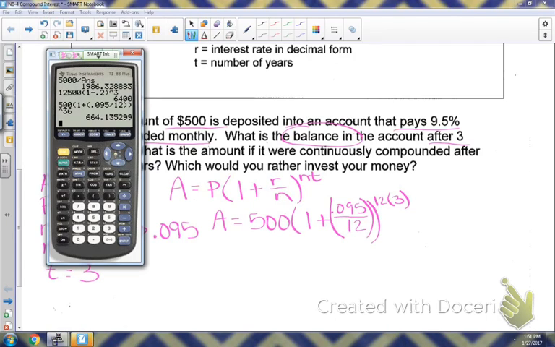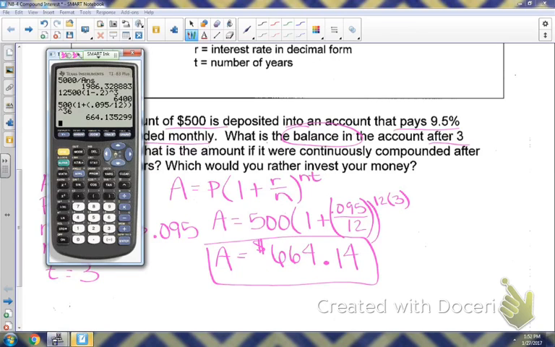We're talking about the balance in the account, so we're talking about money, so make sure you round to the nearest cent. So $664, and that would be rounded to 14 cents. Once you're done with calculating it, make sure that it makes sense. So you're going from $500 to $664.14 in the account over a 3-year period.